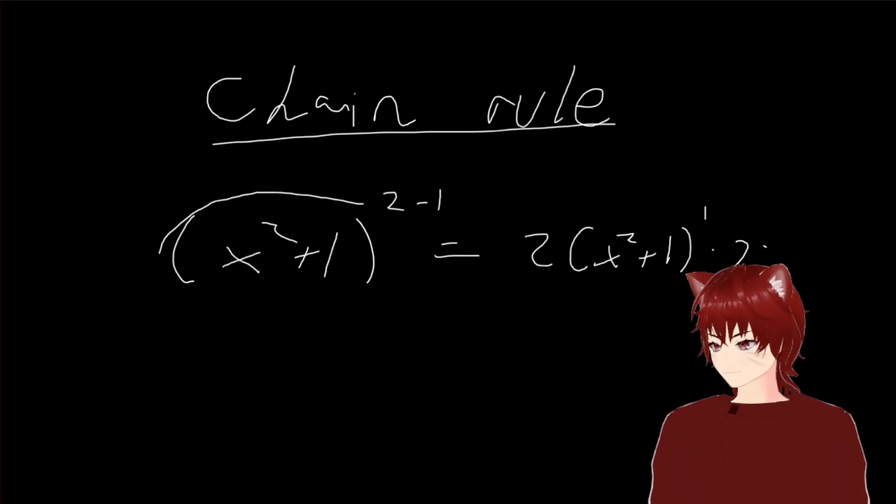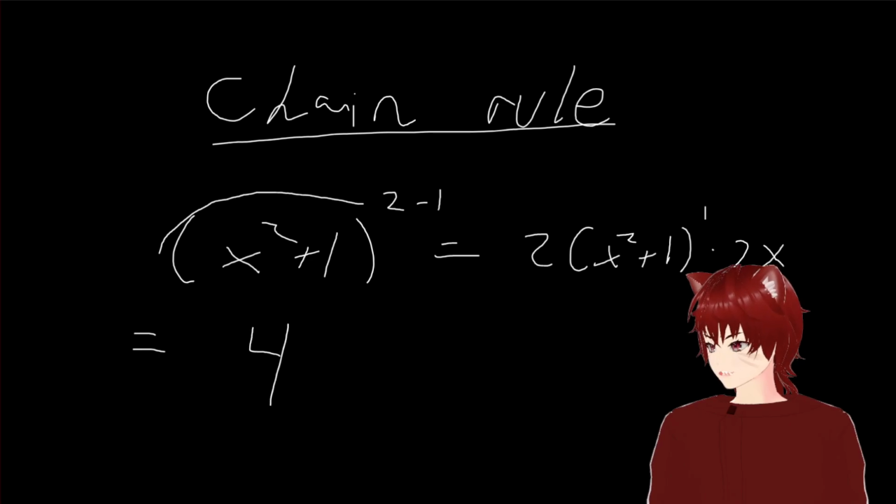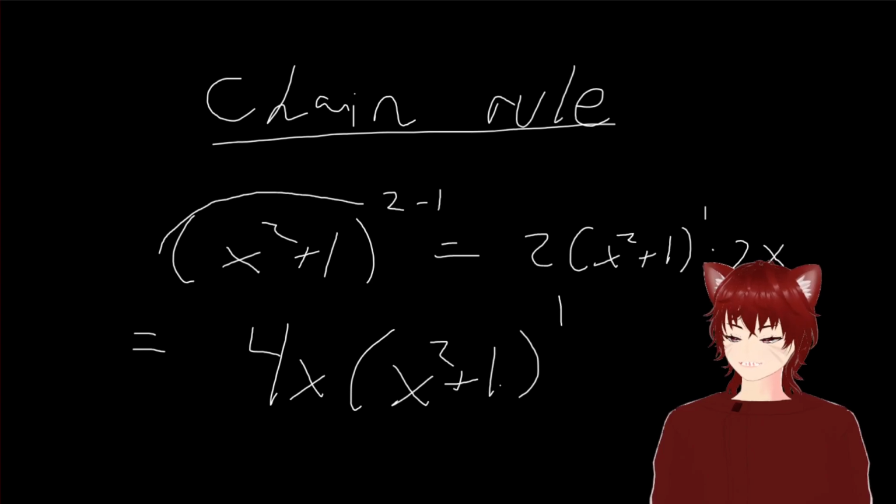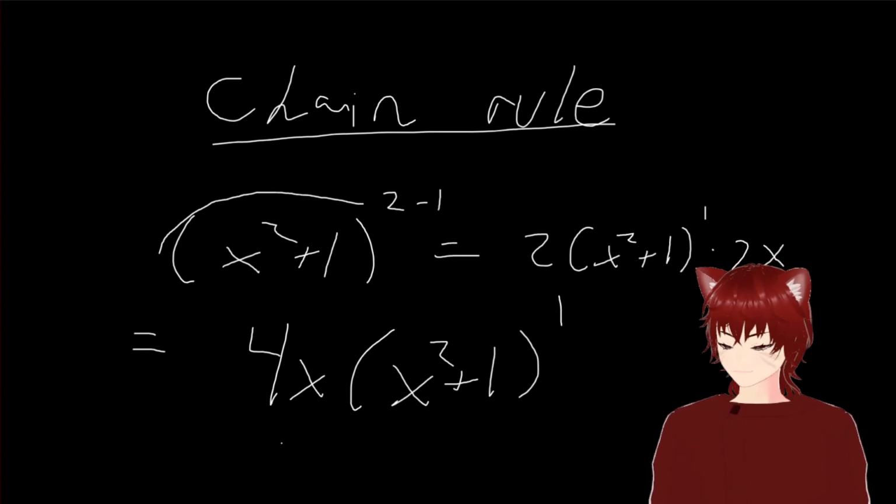And that would be 2x. The derivative of 1 is 0, so you don't have to write that. And now we're left with 4x times x squared plus 1 to the first power. And that would be your complete derivative if you didn't multiply it out.